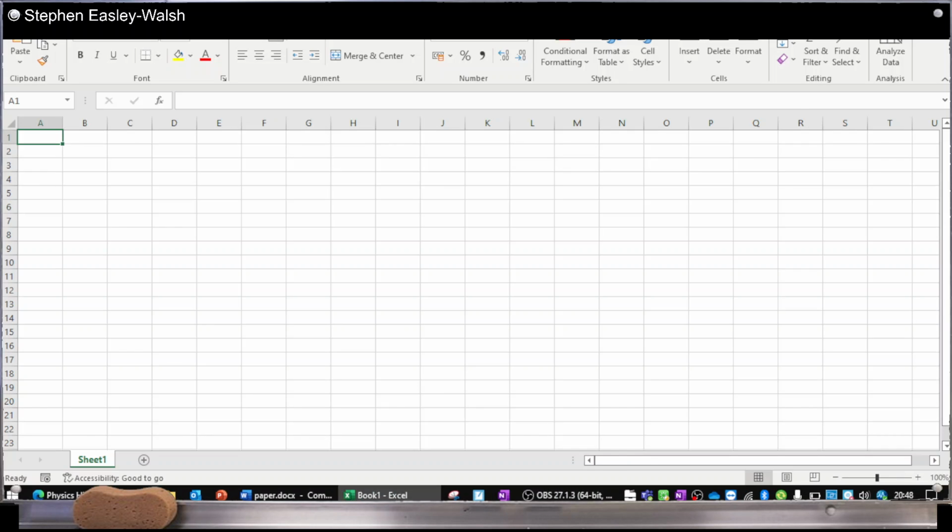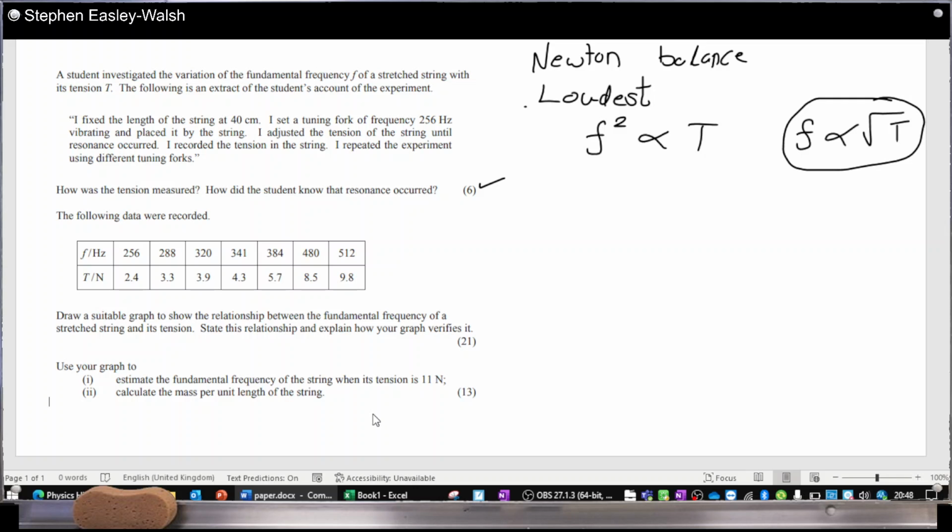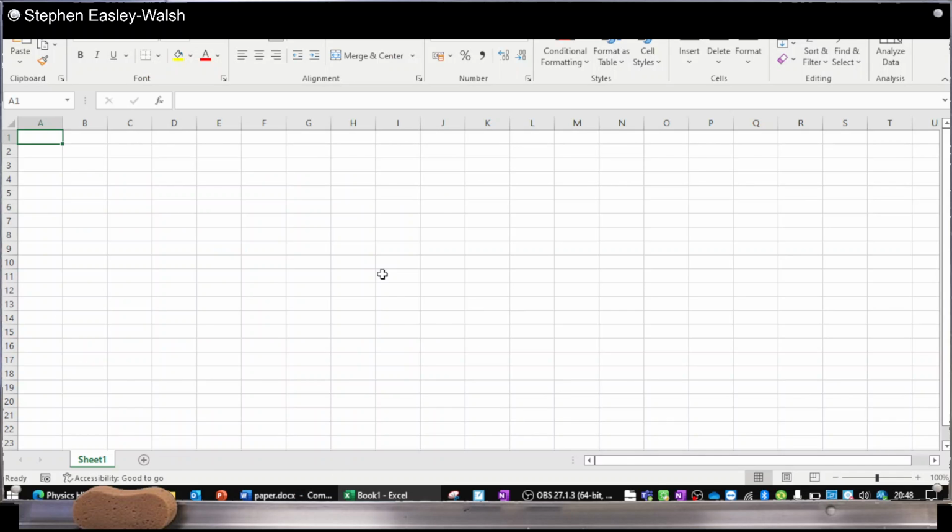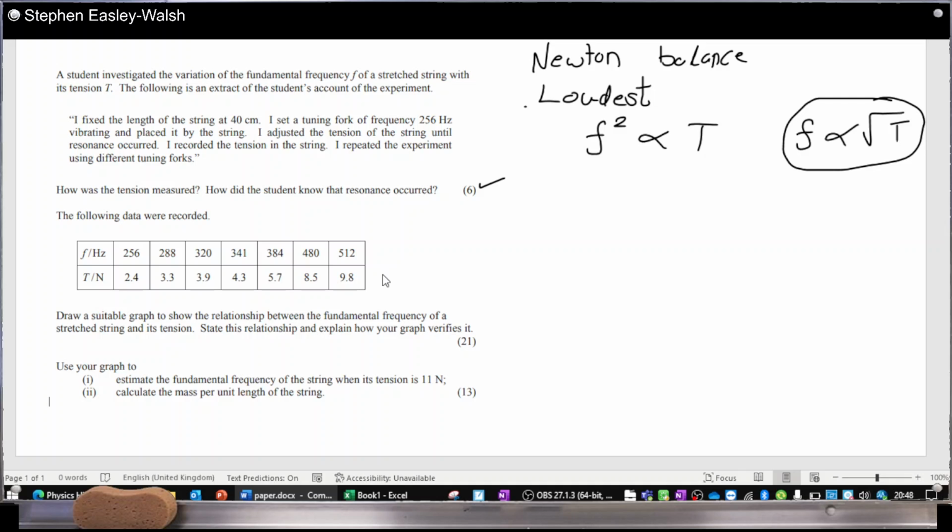Okay, I got Excel open. So now we have to transcribe the data over.